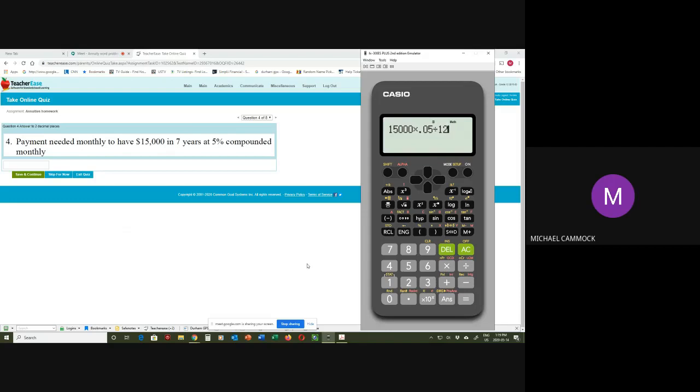That's the A times the I. I'm going to get that answer. It looks like 125 over 2. That's fine. If I want to change that to a decimal, I can hit the S to D key, so I get 62.5. It doesn't really matter; either way, it's going to work. Then I'm going to press divided by, then open those two brackets like I had on the top. So bracket, bracket, 1 plus the I again, the same I that we just had, 0.05 divided by 12. Close the bracket.